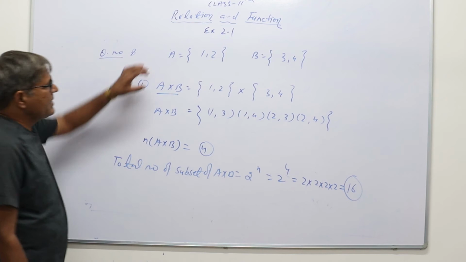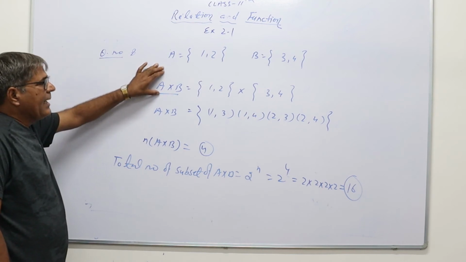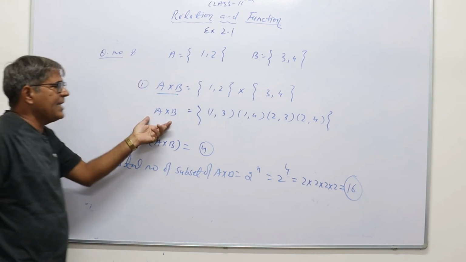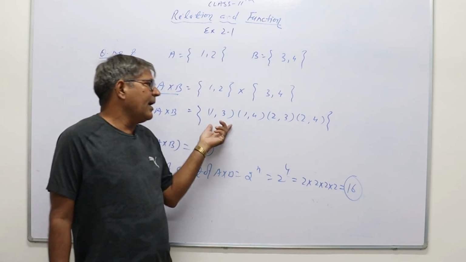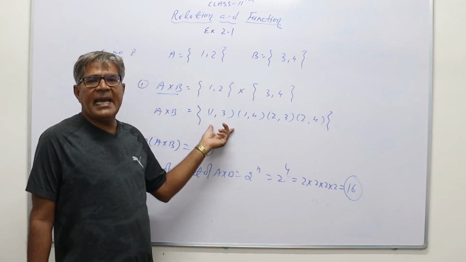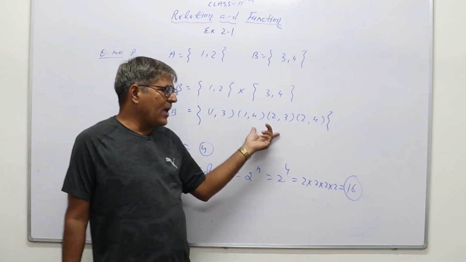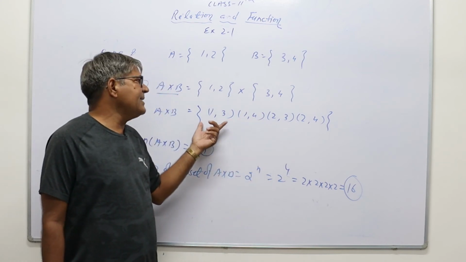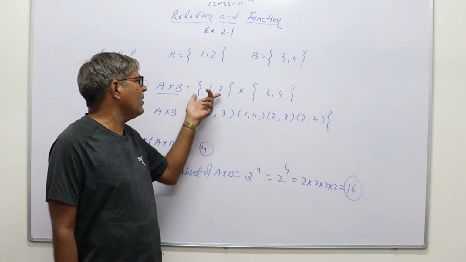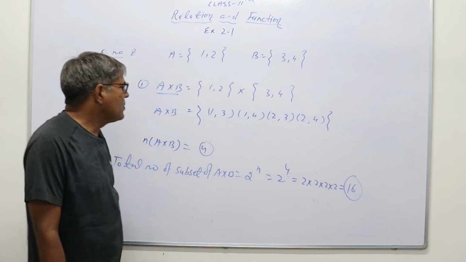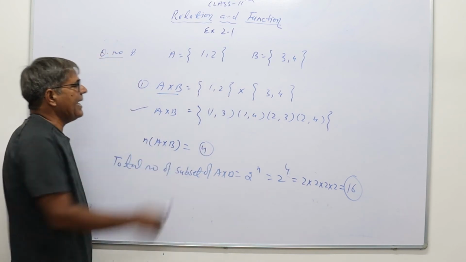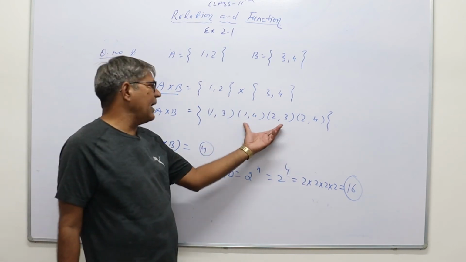So first we will find the Cartesian product. And what is the Cartesian product? Cartesian product has elements as ordered pairs, or we can say the relationship between the given elements of set A and set B. So majorly we can define that A cross B has 4 relations.